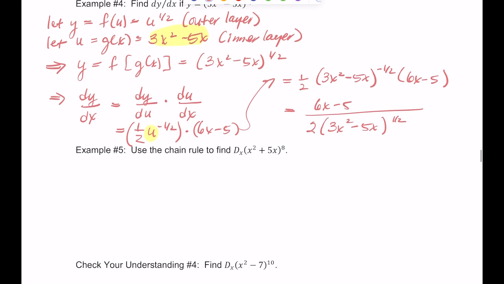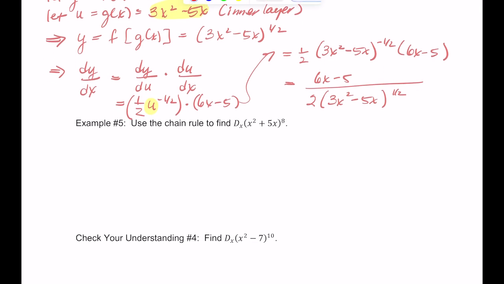Okay, let's try another one. We want to use the chain rule to find the derivative of this function with respect to x. The first thing I'm going to do is let y equal f of u. Okay, so what does that mean? Well, this is going to be my u, so u to the 8th would be f of u.